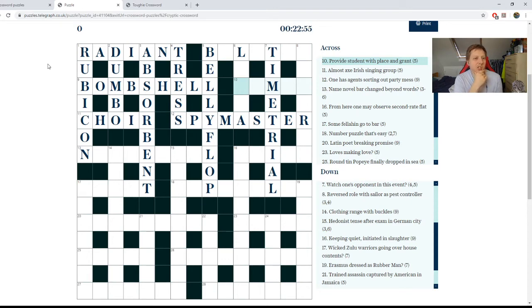For those who got 2A, does the T at least work? There's no 2A. Provide student with place and grant. 5A. Oh yeah, 5A, yeah. Yeah, okay.